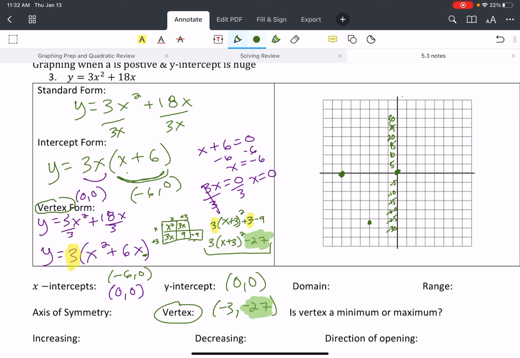So the window on this one, we'll change it to our -30 to 30 and our y scale to 5. -30.